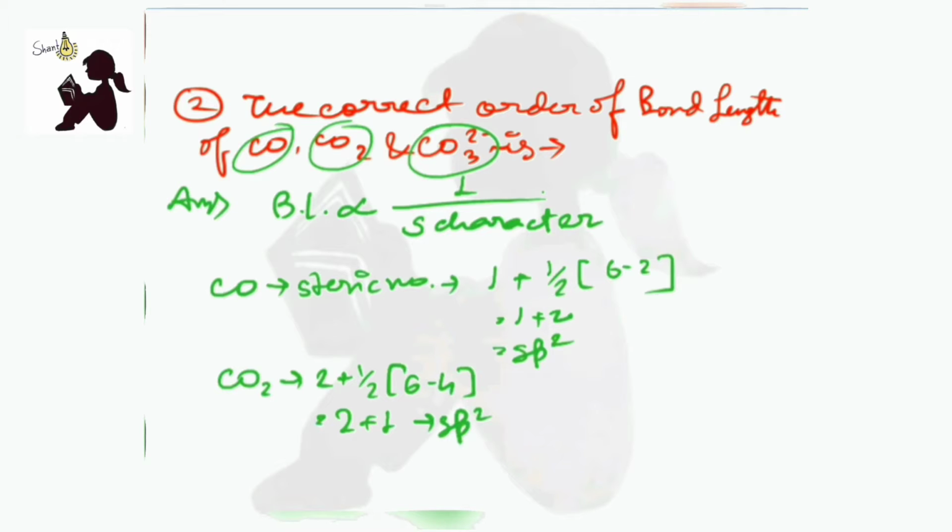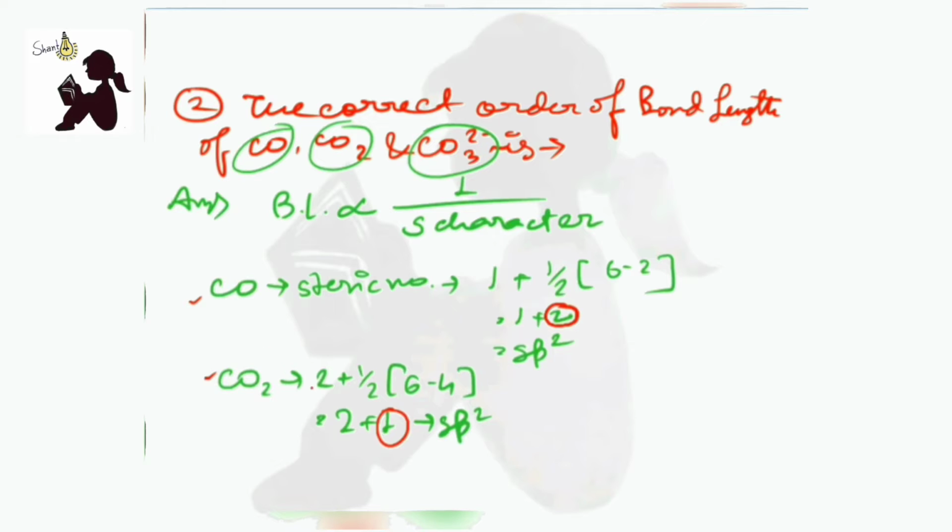Now here comes the number of lone pairs. If the S character is the same in both cases, we will just see the number of lone pairs it has. So in case of CO, you can see that the central atom has lone pair 2, but CO2 has lone pair 1, as you can see here from the steric number.